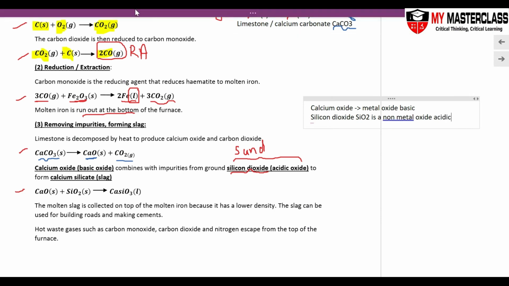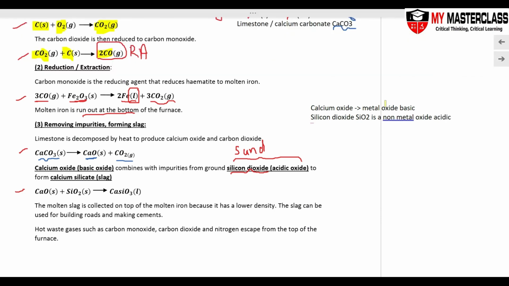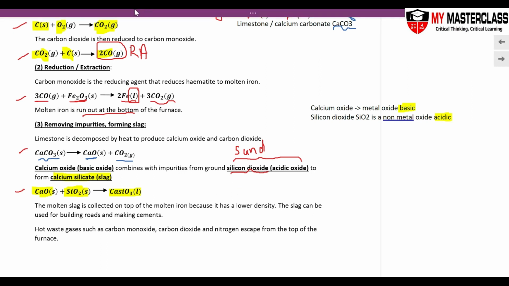So what's going to happen is the base reacts with the acid. My calcium oxide is a base. It reacts with silicon dioxide, which is an acid. In nature, it will give me everything combined together to form CaSiO3, which is my calcium silicate, which is also known as slag.